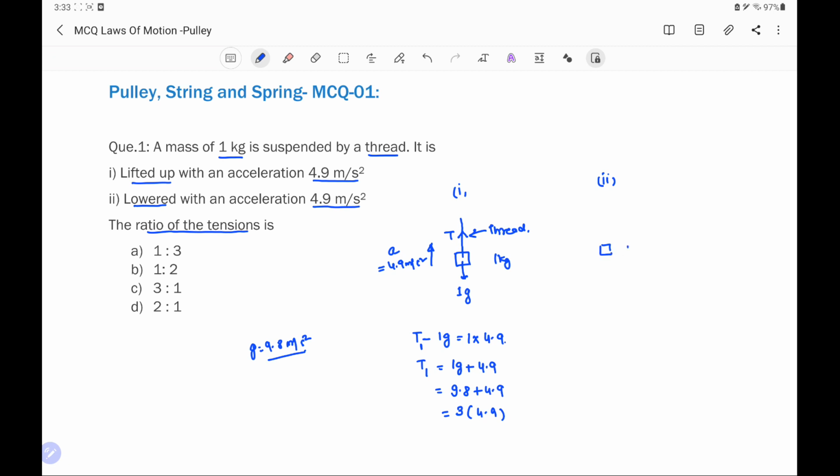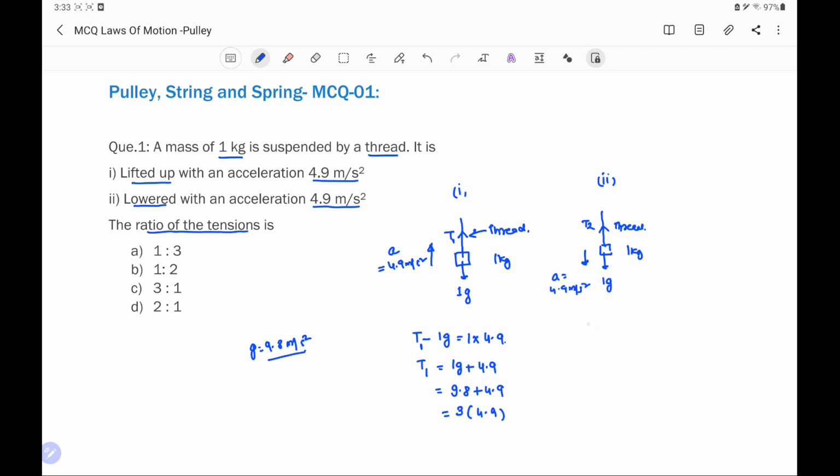In second case, same body of 1 kilogram which has the weight 1g acting downward due to gravity, suspended from the thread which has tension here T2, and this mass is moving downward with an acceleration of 4.9 meter per second square.